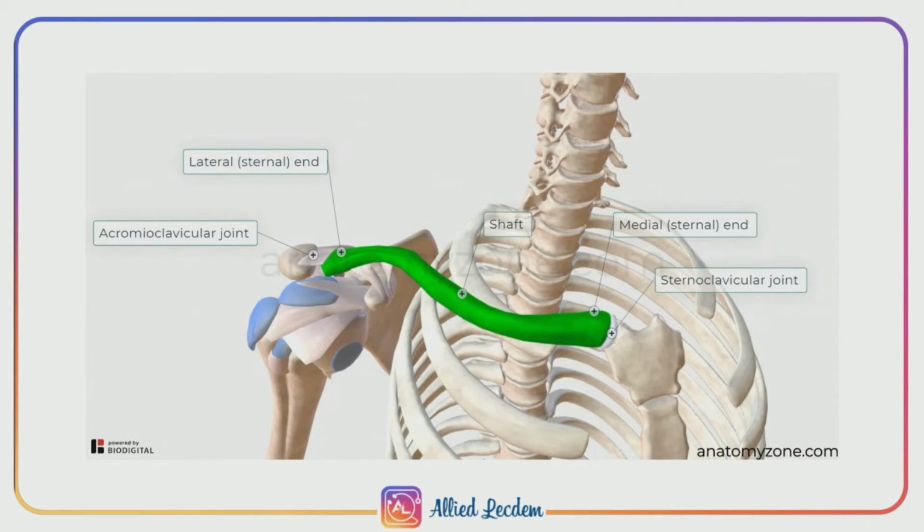So in this image we could see the centermost part of the bone is named as shaft, and the end articulating with the acromion process is known as the acromioclavicular joint, whereas towards the sternum it is known as the sternoclavicular joint. And in the shaft we should remember in the lateral end the superior surface is subcutaneous, whereas the inferior surface has elevations like conoid tubercle and a ridge called trapezoid ridge.